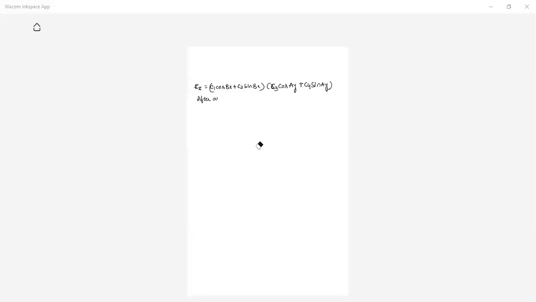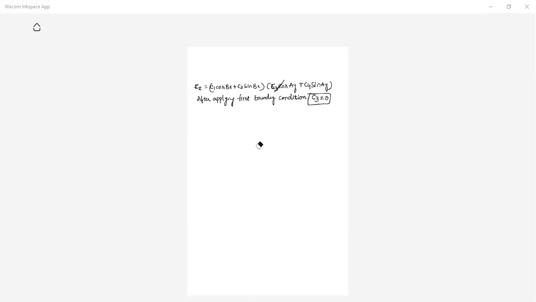After applying the first boundary condition, we got C3 is equal to 0. If I substitute C3 is equal to 0 in this expression, this entire term becomes 0.